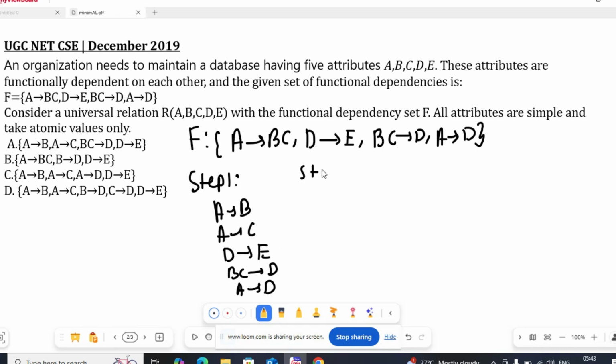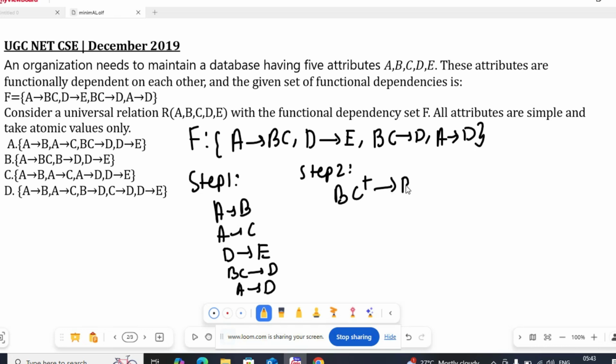What was your step 2? Step 2 is remove extraneous attribute. I already explained extraneous attribute. If you have more than one attribute on the left hand side, only then should you check for extraneous attributes. Here, on the left hand side, there is only one functional dependency which has more than one attribute. So find the closure of BC.